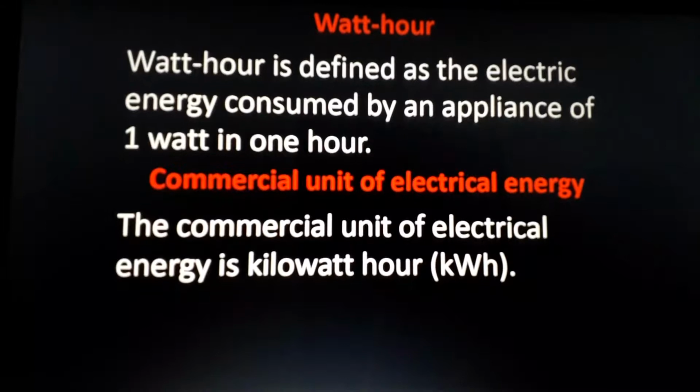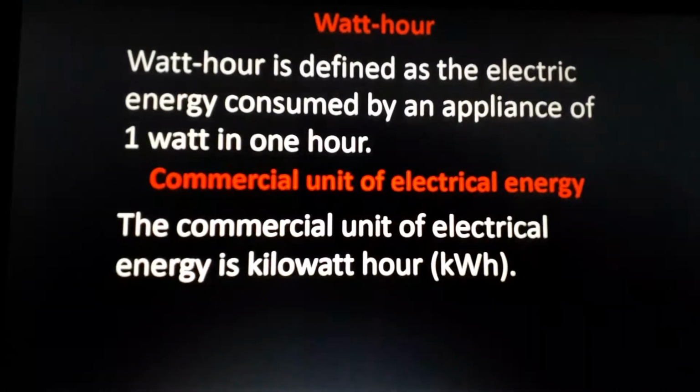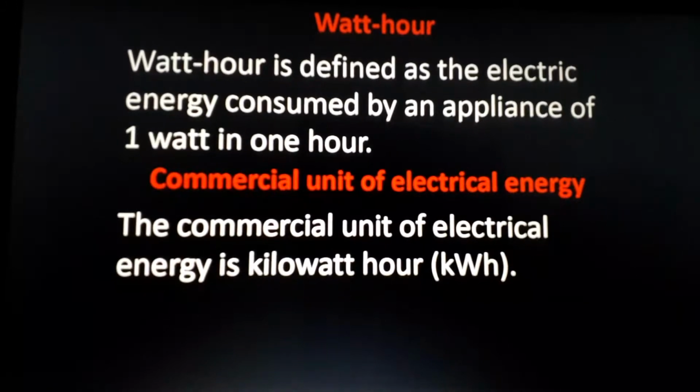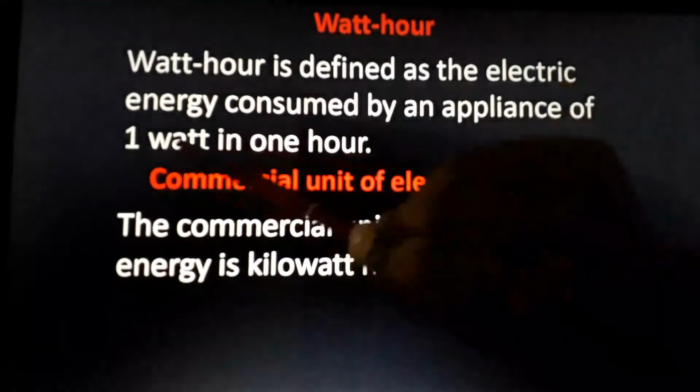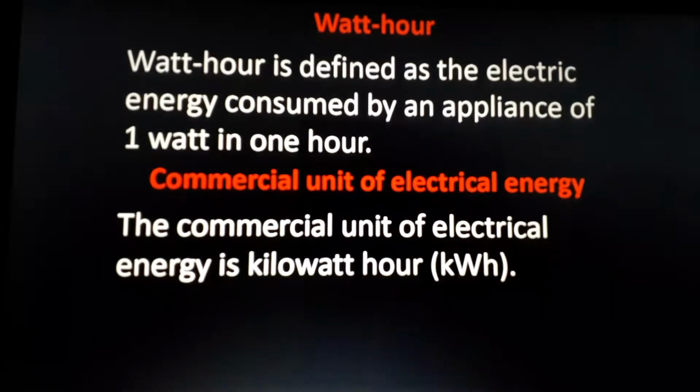For example, zero bulbs or very small bulbs. The normal CFL or LED bulb we use at home has a power of 5 watt or 10 watt. But what is watt hour? 1 watt used for 1 hour is called watt hour.